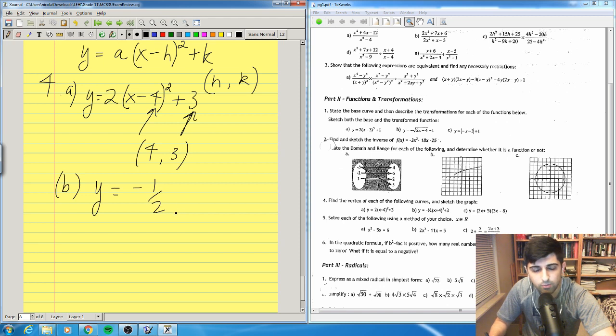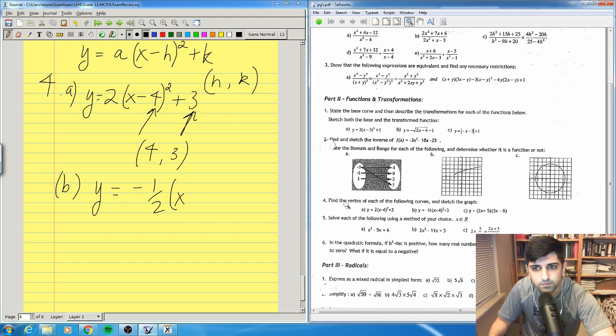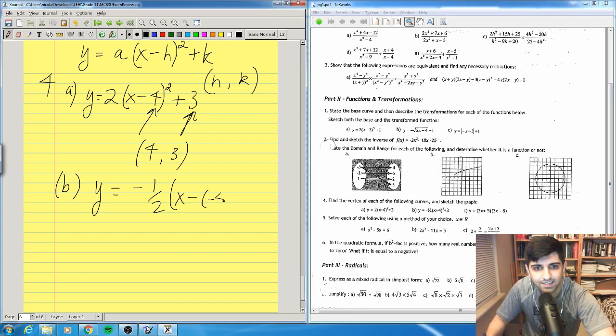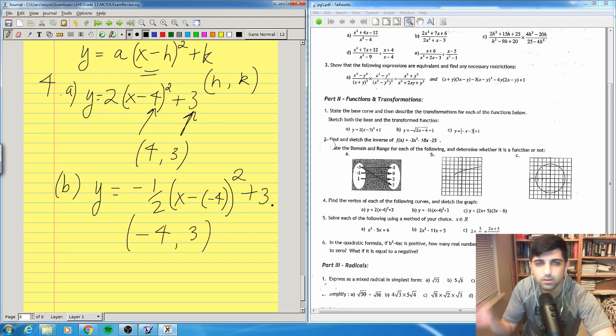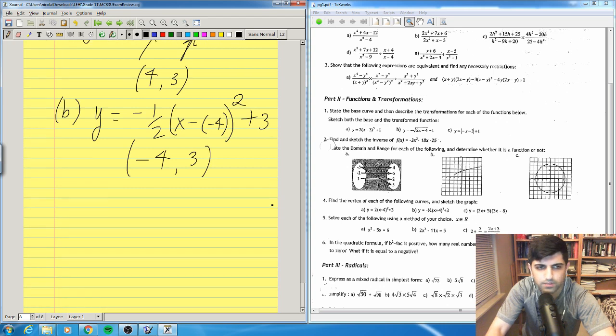I can't read off (4, 3), like that's not right. So in this case, instead of x plus 4, right, it's x minus -4, so I can get it to look like that, right? And I can easily read off the result. So the vertex would then be (-4, 3). Done, right? And that's kind of what I was alluding to before. Hopefully that wasn't confusing, but I'd imagine it might be.